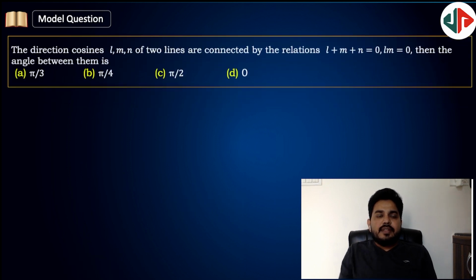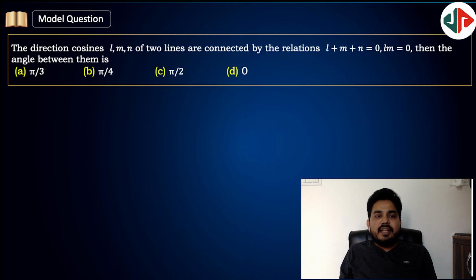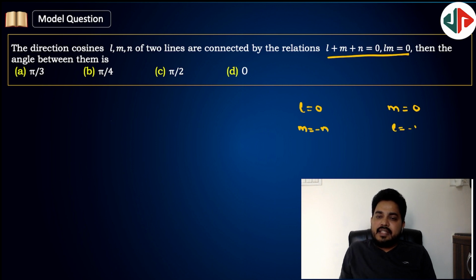Next question is directional cosines of the lines are L, M, N, and they are connected with like this. So clearly L is equal to 0 or M is equal to 0. If L is equal to 0, M is equal to minus N, and M is equal to 0, L is equal to minus N. So DCs will be 0, comma 1, comma minus 1, the ratio, and here 1, comma 0, comma minus 1.